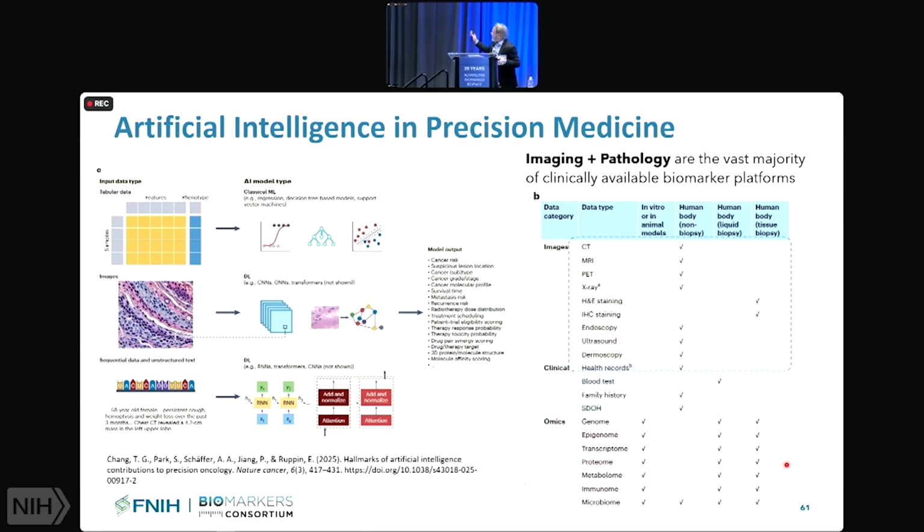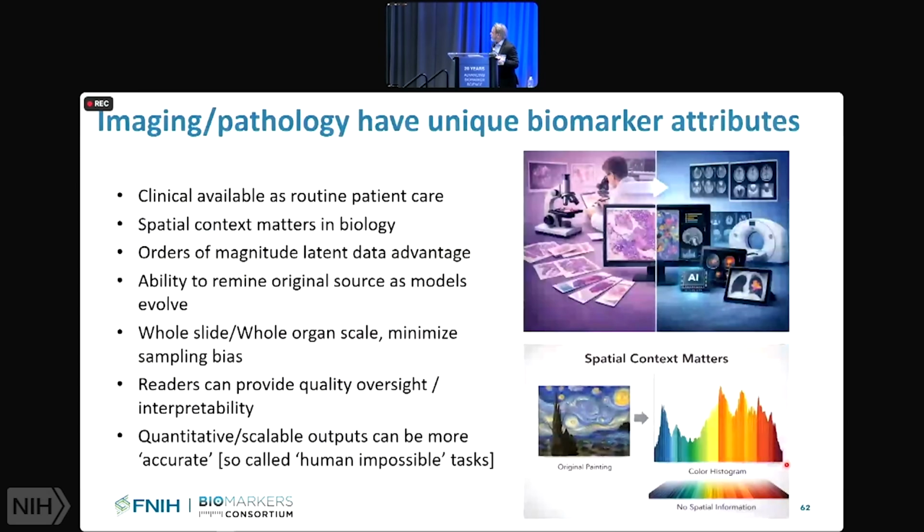Much of the data that we use as inputs for the prediction of AI models comes from images, and that's what I'm highlighting here on the right, images in pathology, particularly as it relates to linkage to clinical data, which puts imaging and pathology in a unique category for the amount of data that's available linked to clinical data over time versus other modalities. So it has those unique attributes.